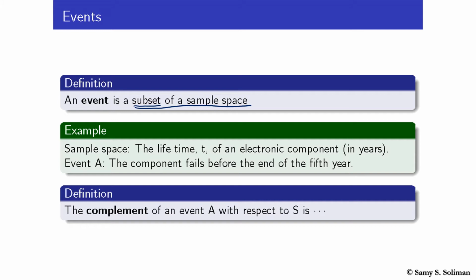Another example, as shown here, says that the sample space represents the lifetime, denoted as t, of an electronic component in years. In this case, the sample space is represented by integer numbers representing the lifetime of the electronic component in years.